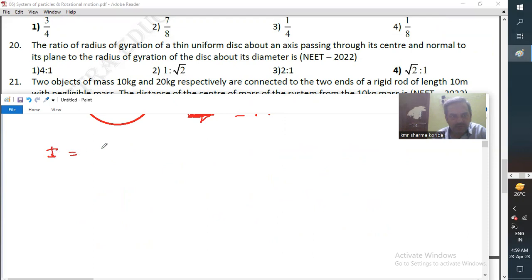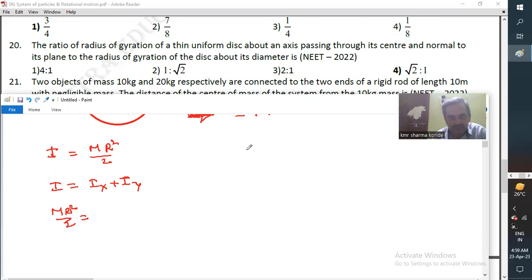Moment of inertia of the disc about an axis passing through the center, normal to the plane, is MR square by 2. Then for an axis passing through any diameter, we have to make use of the perpendicular axis theorem, Ix plus Iy.